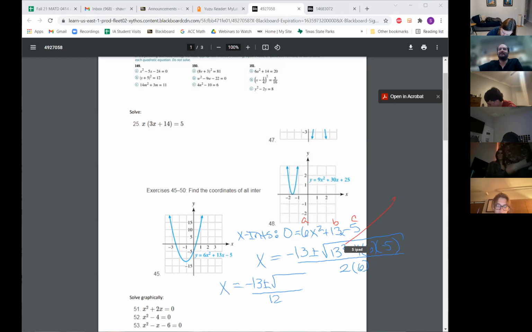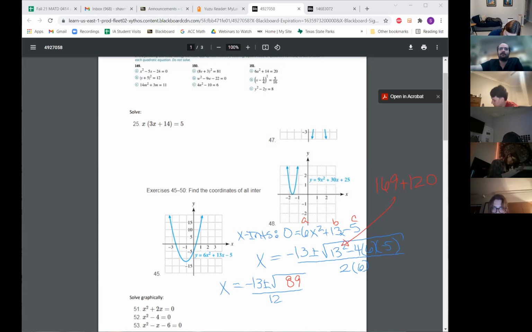Here, I'll put an arrow. That's 169, and then negative 4 times 6 times negative 5 would be 120. So 169 plus 120. I believe the inside was 289, sorry, not 189, 289.